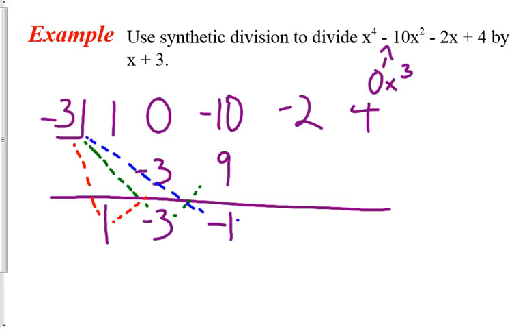So negative 1 multiplied by negative 3, that's just 3. Negative 2 plus 3, 1.